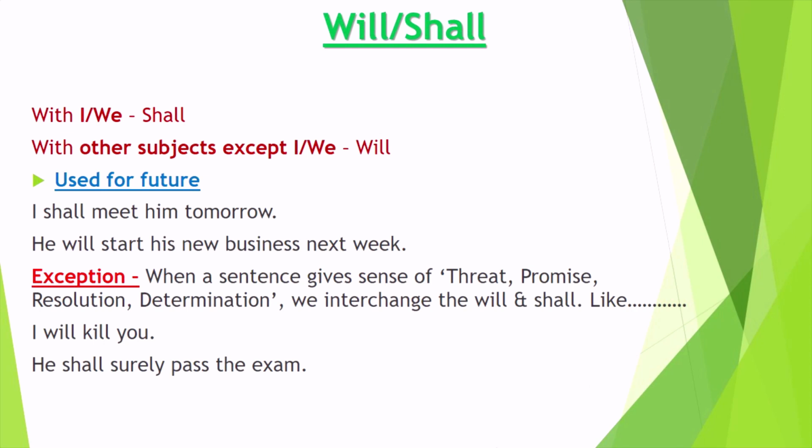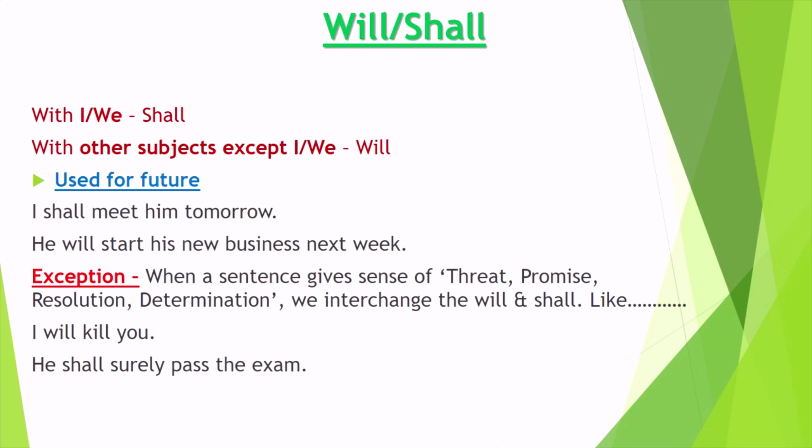Now see, sometimes you hear that with I and we people are using will also. So here there is an exception to the above rule: when a sentence gives a sense of threat, promise, resolution or determination, these all 4 things give almost the same kind of meaning. That means you have made up your mind, you have decided.